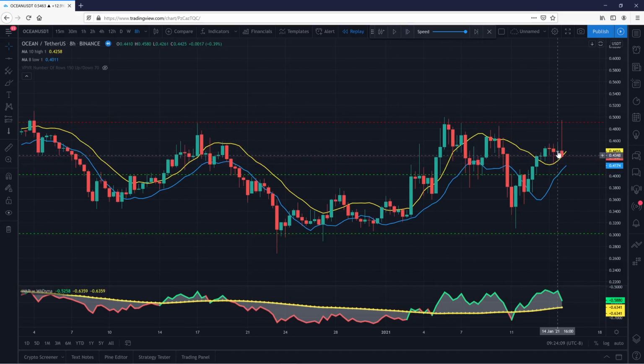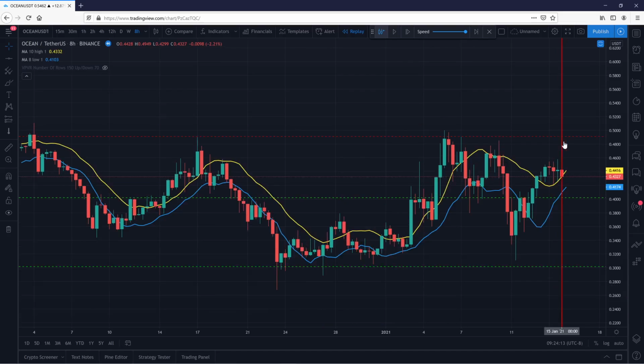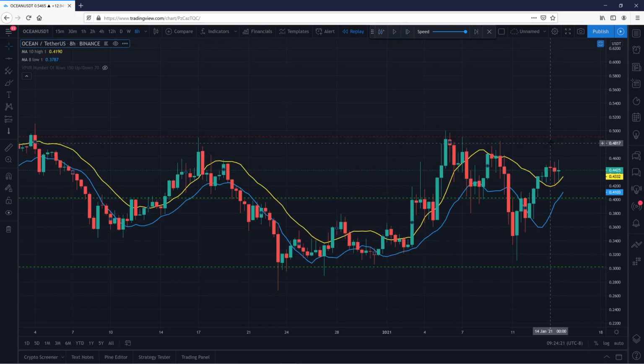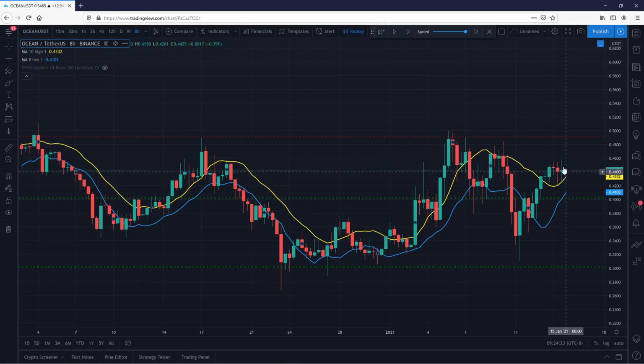This bar here is, let's go back. So this bar here, the 14th, 4 p.m. Seattle Pacific time, we have our 5th bar, and it's the 5th bar that's above this channel.